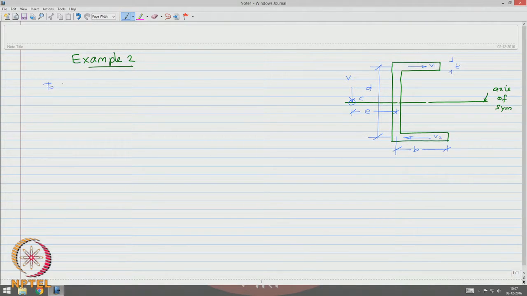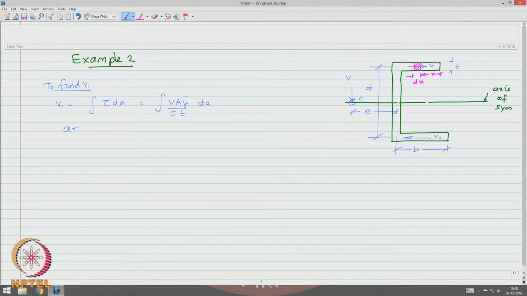So, now to find V 1. V 1 is integral of tau dA, which is V A y bar by I t of dA. Let us consider a strip which is x from here and whose thickness is dx.